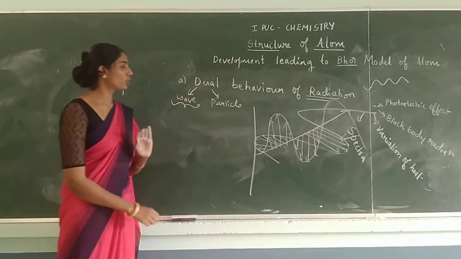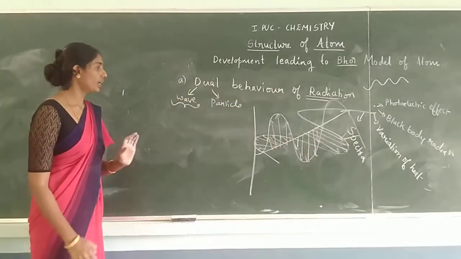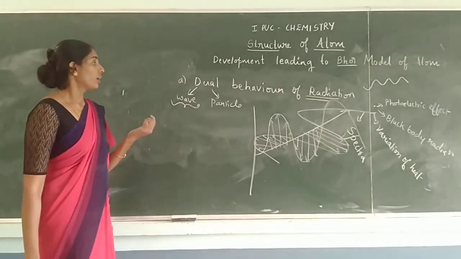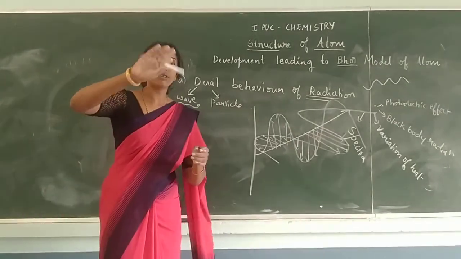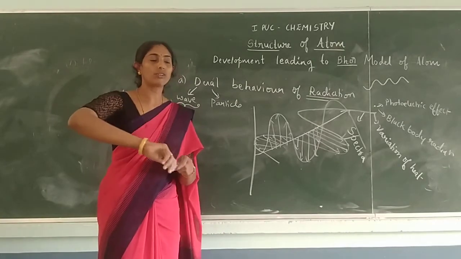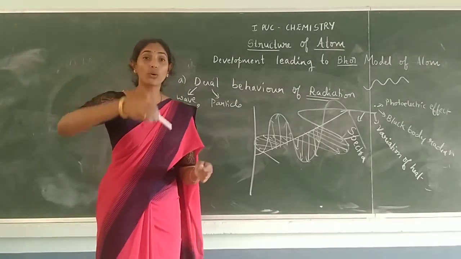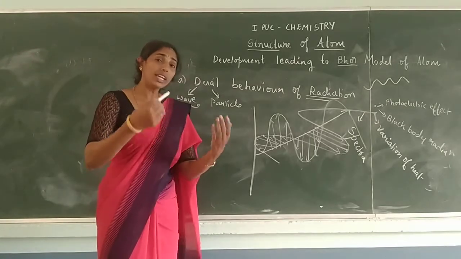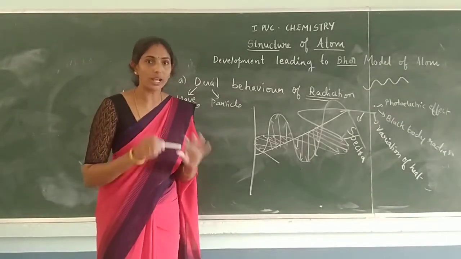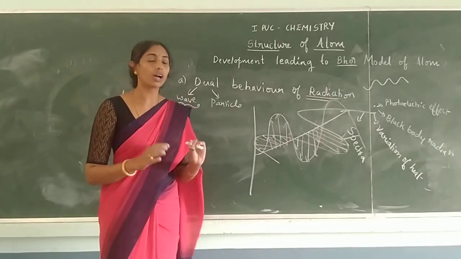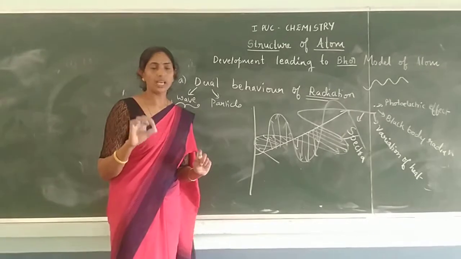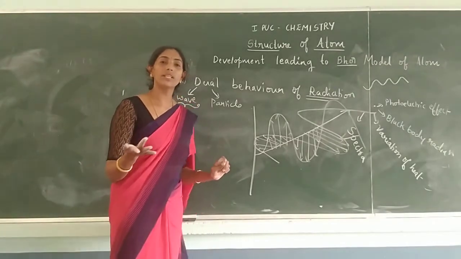Why are waves produced? If I rotate the pen, or use a rope and move it like this, any object in movement produces a wave. It may be a sound wave or a light wave.